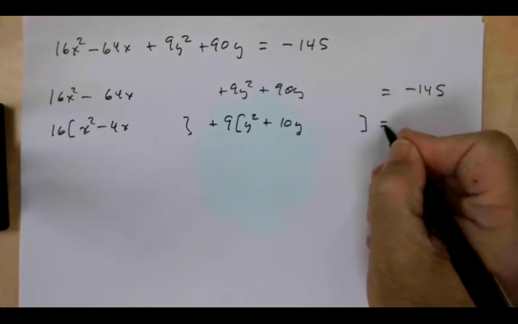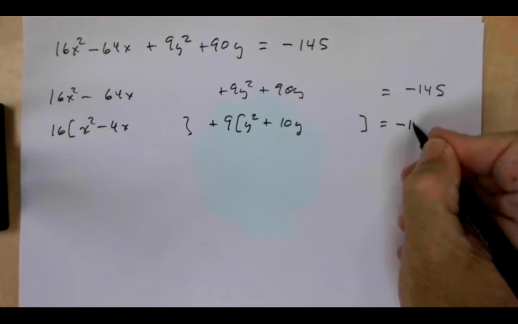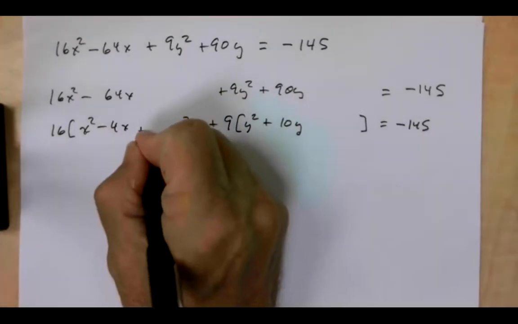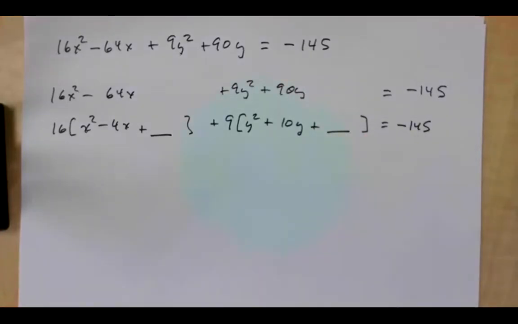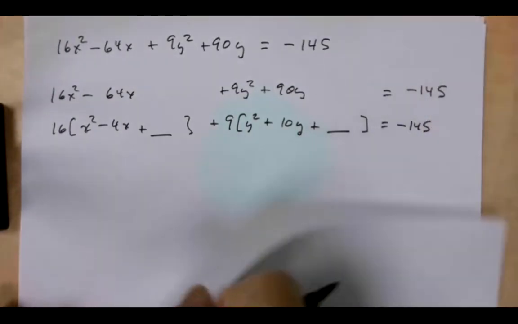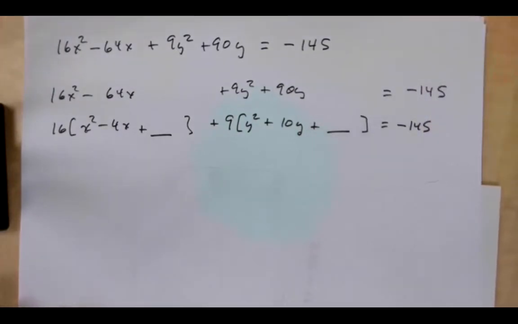And our next goal is going to be to complete the square. I want to add something here, and I want to add something there to complete the square. So what will that be? How do we get that? Well, what we could do is draw a square and then try to complete it.